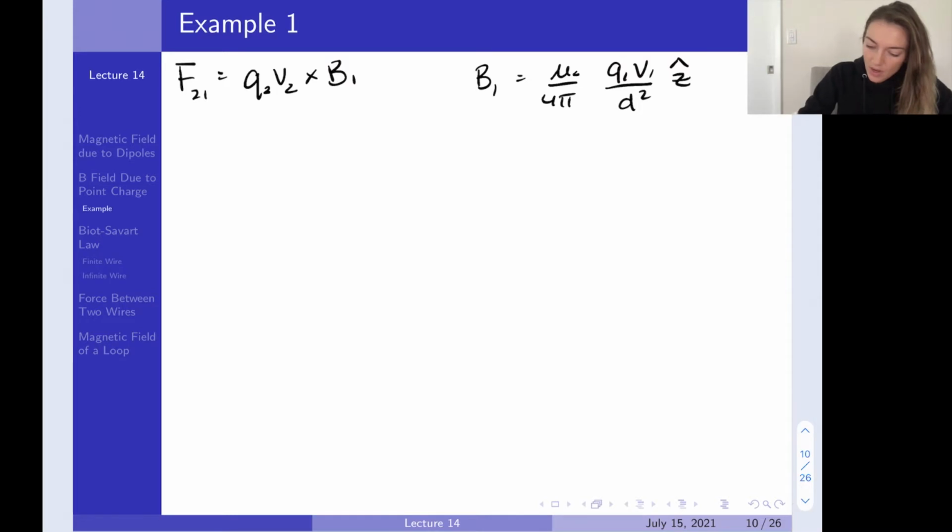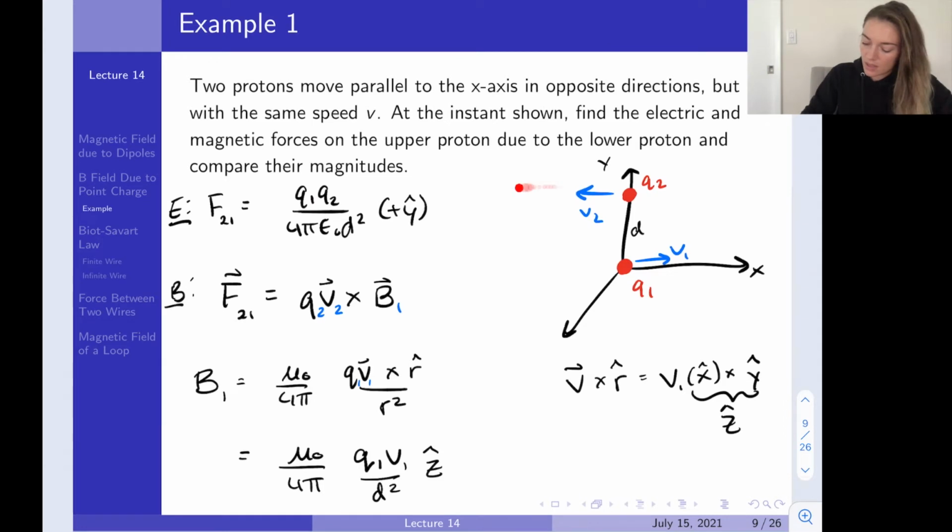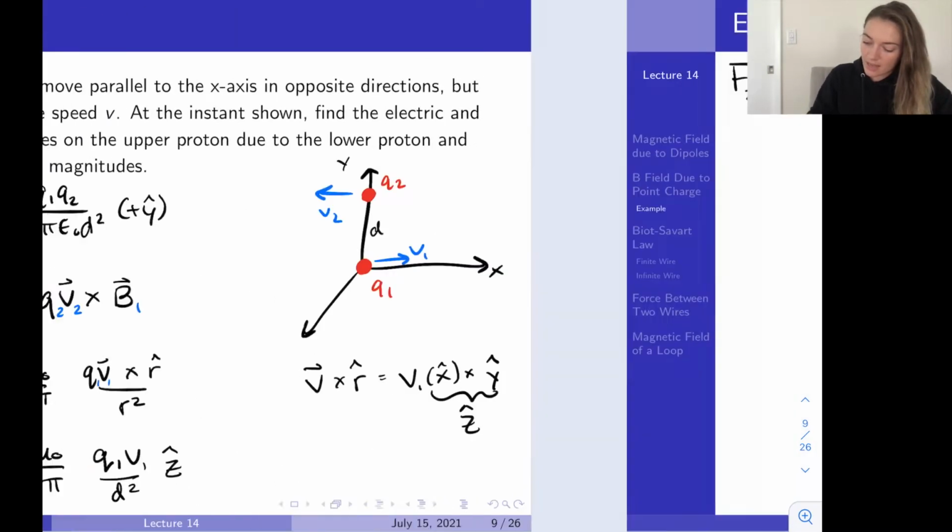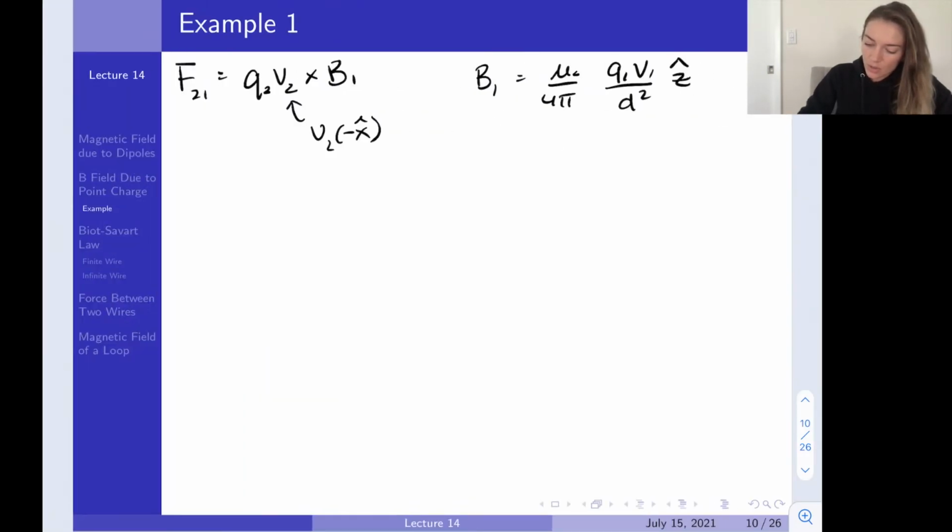Okay, so now let's look at this cross product. So when we plug in V2, V2 is in the negative x hat direction, right? Because we said Q2 is moving to the left, so that's in the negative x hat direction. So when we take negative x hat crossed into z hat, that is positive y hat.